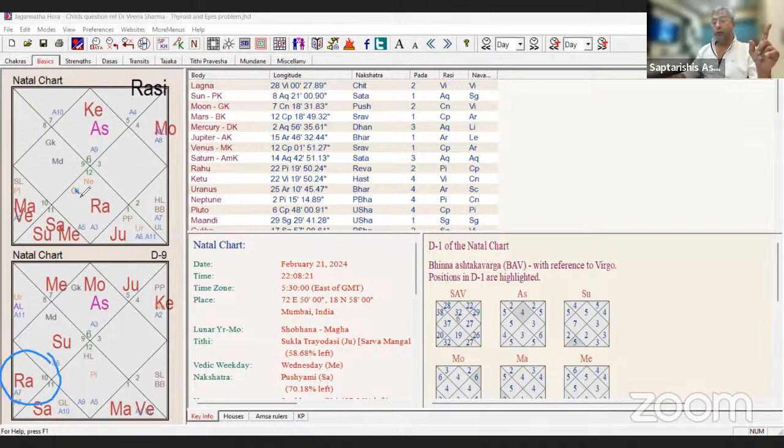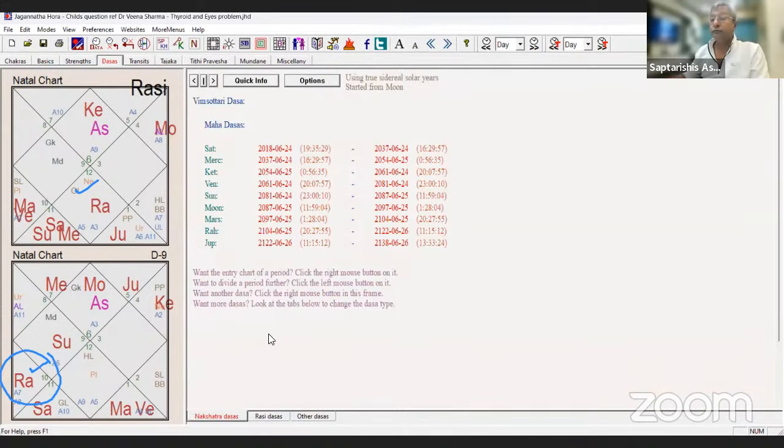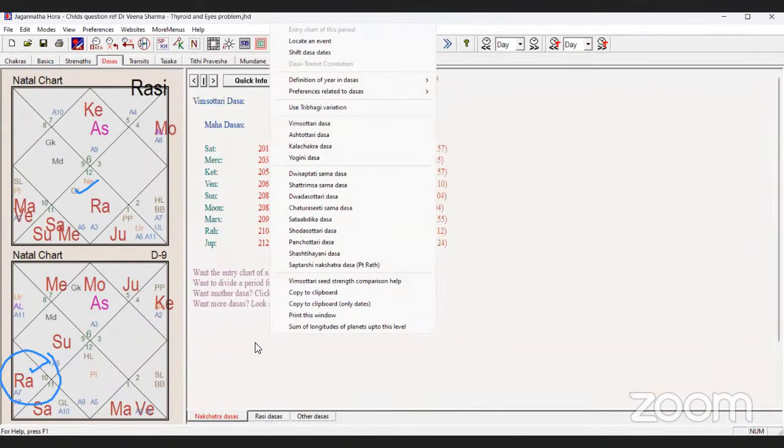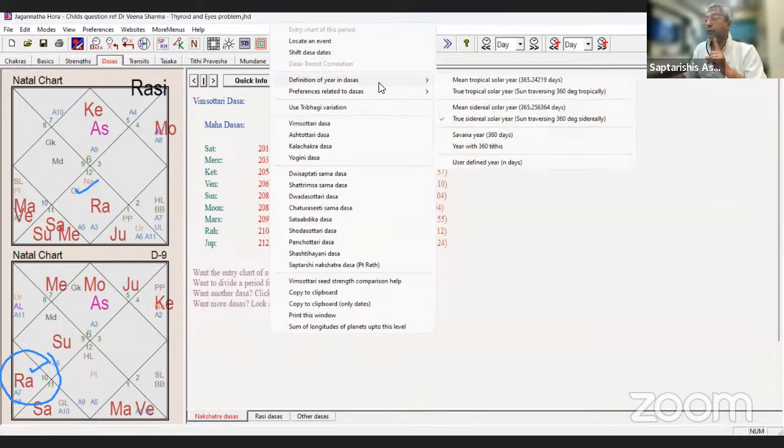Here you have dual, and here you have Chara Rashi. Remedy is possible. Are you getting it, everybody? Yes, sir. Just give me a few more minutes. Nobody should interrupt.